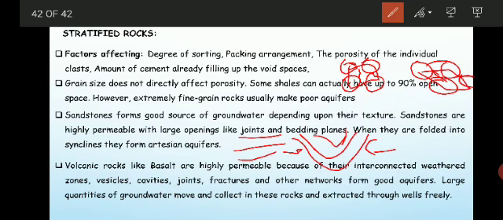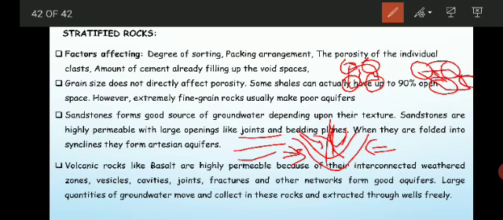Because of the pressure acting on the rock, the rocks undergo folding, and this type of syncline fold acts as a good aquifer, wherein you can expect the artesian aquifer, because the water is flowing. If you dig a well in this aquifer, what will happen? The water will come automatically onto the surface, that is called an artesian aquifer.